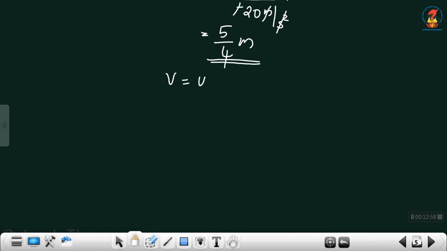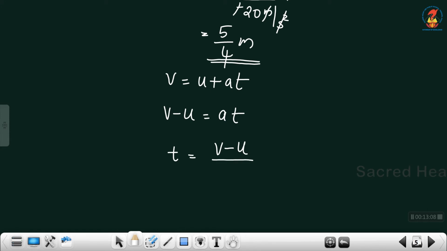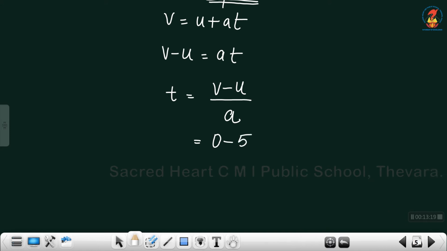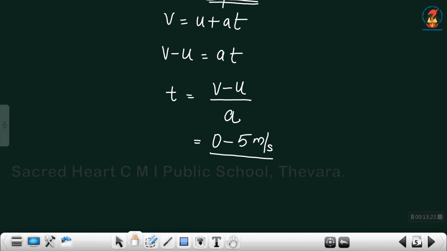Then you can use the equation to find time. V equal to u plus at, v minus u equal to a into t, or t equal to v minus u by a. Now v is 0 minus 5 meter per second divided by minus 10 meter per second square.